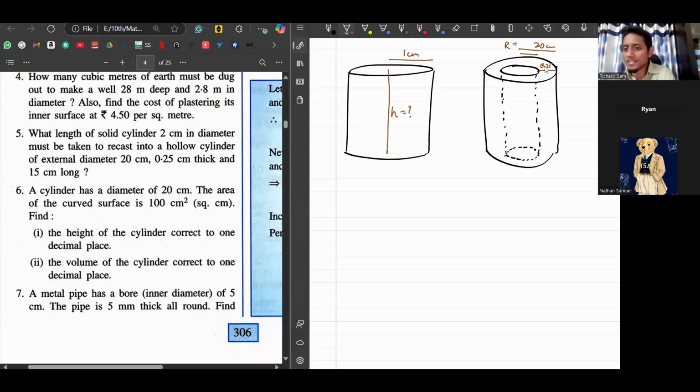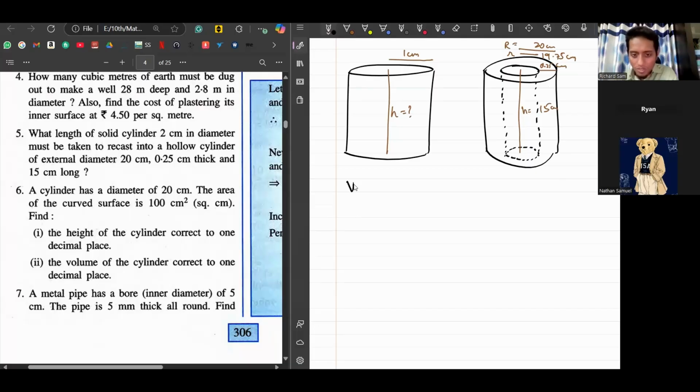The thickness of this cylinder is 0.25 centimeters. So what will be the internal radius, small r? You have to minus this. Correct. So it will be 19.75 centimeters. That is the internal radius. And the length is 15 centimeter, which means height is 15 centimeters. So these are all the values that we have.